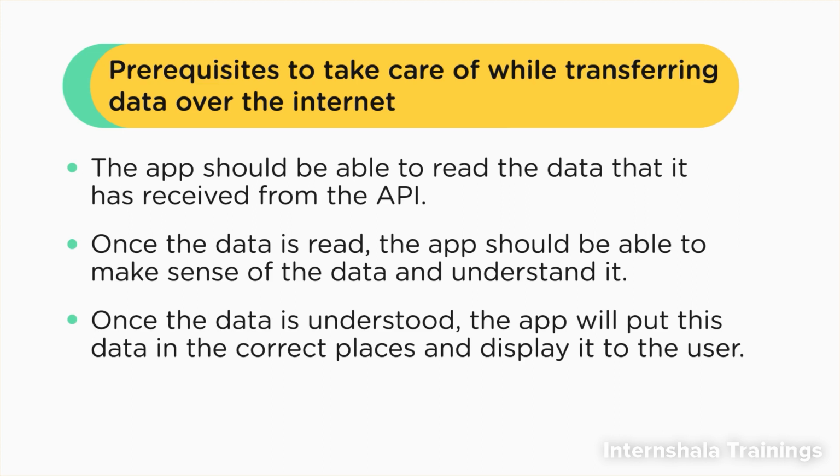For example, it will place the list of restaurants in its view holder, etc. So, we see these 7 points, which are the basic requirements every time we want to receive or send data over the internet. In case of sending data, everything remains the same, just that instead of the API sending data to the app, the app sends it to the API.